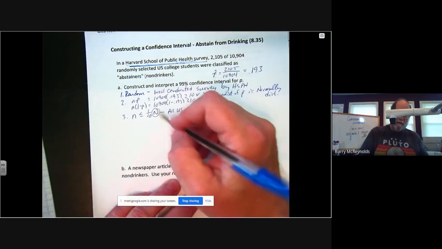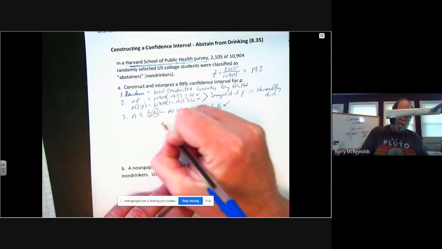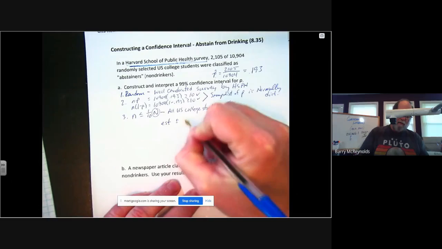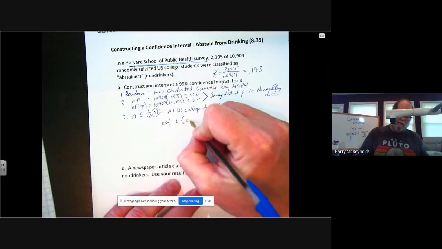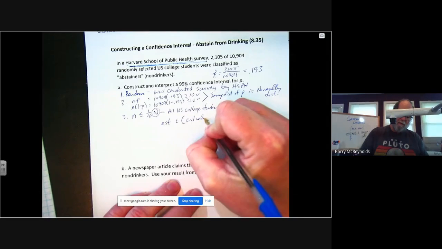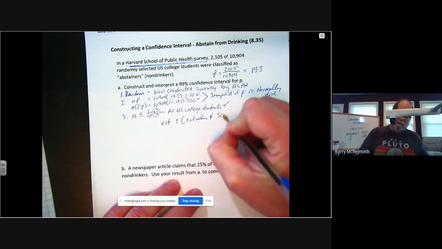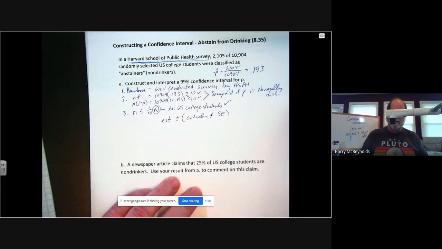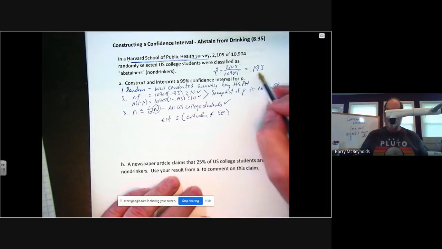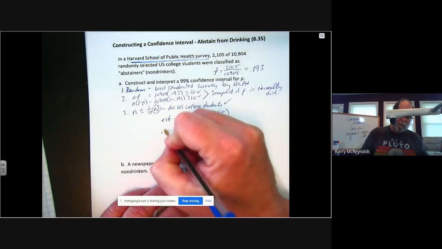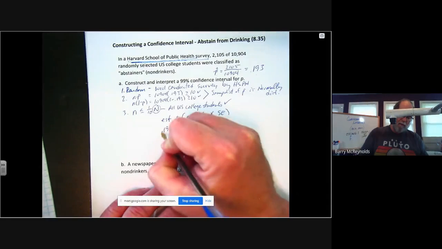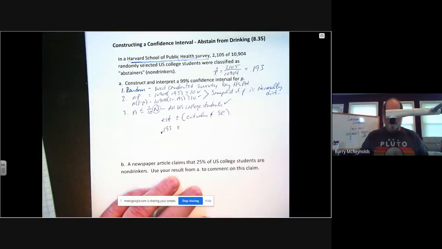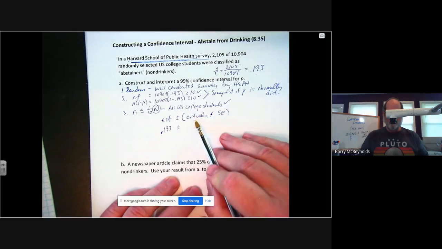And so the form that we're going to take is we've got an estimate plus or minus some critical value times the standard error or the standard deviation of the statistic. Well, our estimate here is p hat, so that's 0.193, plus or minus our critical value.